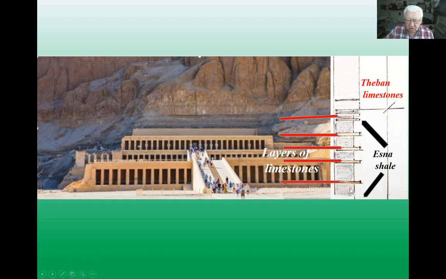Looking at the stratigraphy, at this part we have the following sequence: gray Esna shales intercalated with limestones.